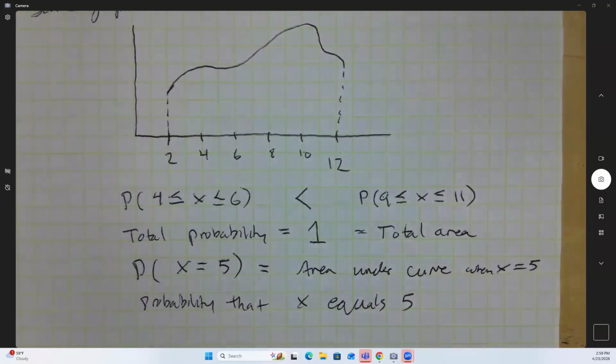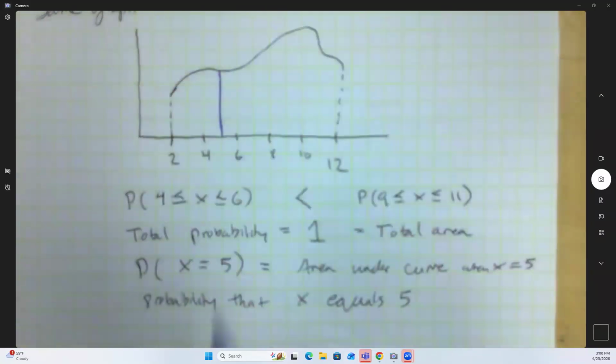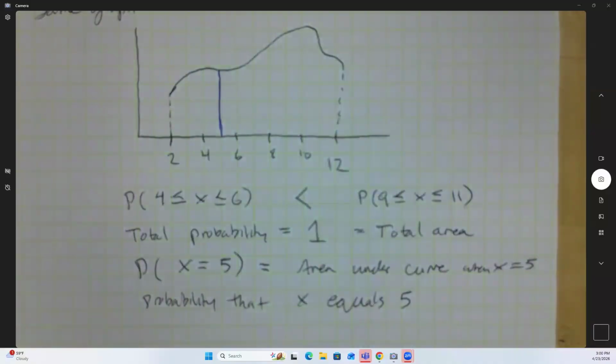Give that a shot. Try to sketch it in on your paper, especially if you have a pencil so you can erase it if you need to. What does it look like when we sketch the area under the curve for x exactly equal to 5? What do you think, Bella? Exactly. It's a line right there. What's the area of a line?